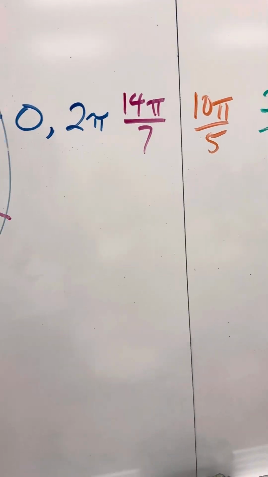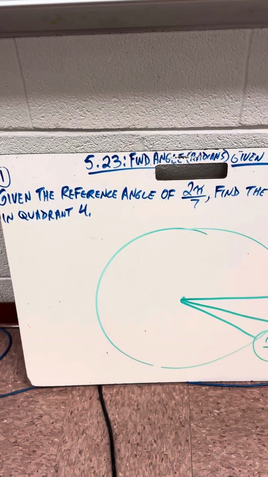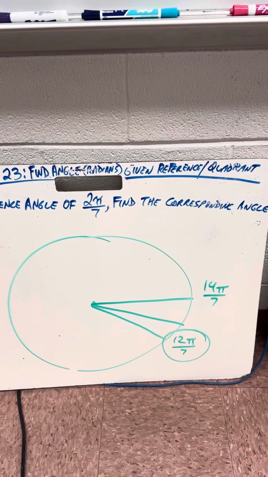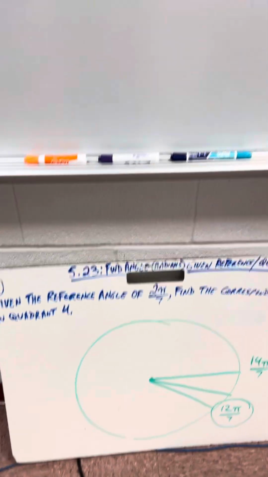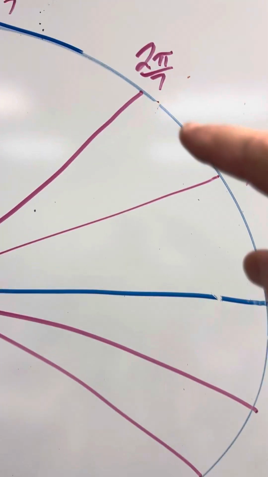So your questions today are going to look like this. Given the reference angle of 2 pi over 7, find the corresponding angle in quadrant 4. The corresponding angles mean this. Here's 2 pi over 7.